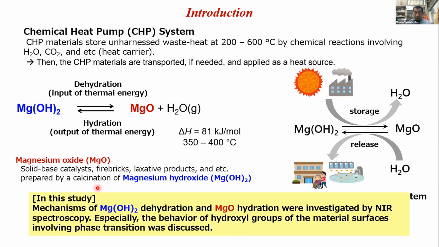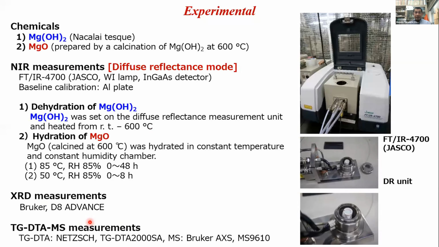In this study, the mechanism of magnesium hydroxide dehydration and magnesium oxide hydration were investigated by NIR spectroscopy, and especially the behavior of the hydroxyl groups of the material surfaces involving phase transition was discussed. These are the experimental procedures.